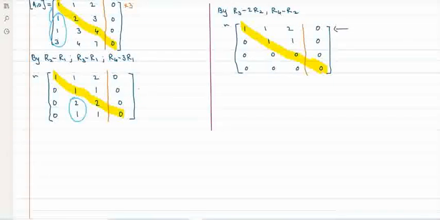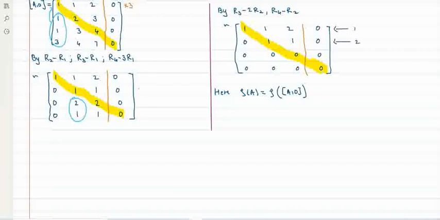So here the rank of A and the rank of the augmented matrix: first non-zero row, second non-zero row. Here I will write only the rank of A; not necessary to write both, or if required, the rank of the augmented matrix A0 is 2, which is less than the number of unknowns.